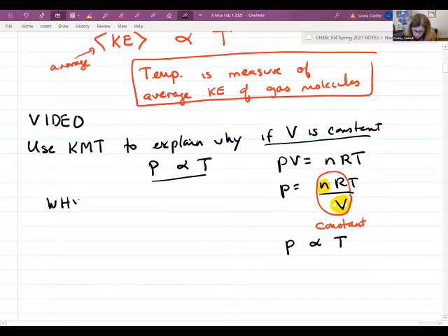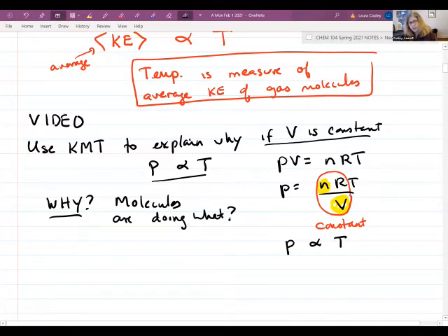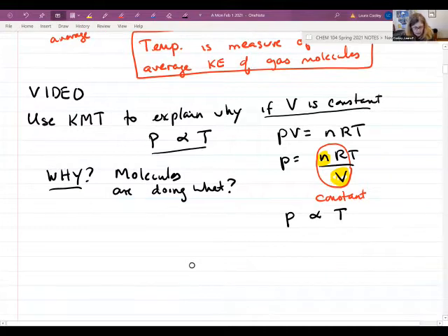So the question is why? What are the molecules doing? And how does this change when the temperature goes up? If we have a sample, I'm just going to draw it two-dimensionally, but obviously you would have to have a gas in a box with dimensions, not just area.